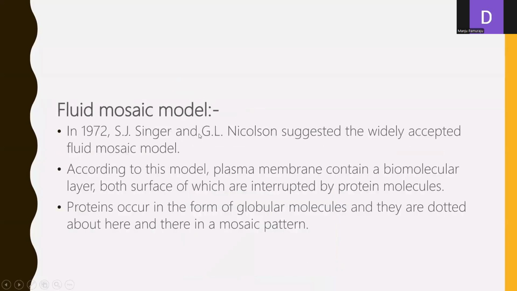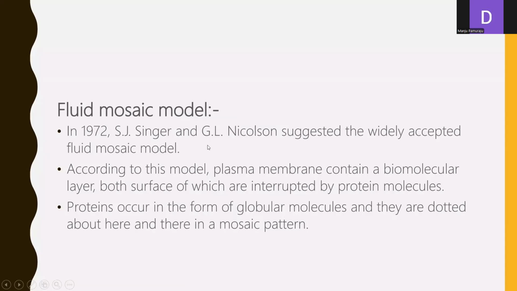So the next one is the fluid mosaic model. It was proposed by Singer and Nicholson. According to this, protein molecules are distributed in and on the lipid bilayer in a mosaic pattern, and the lipid bilayer exists relatively in a fluid state.